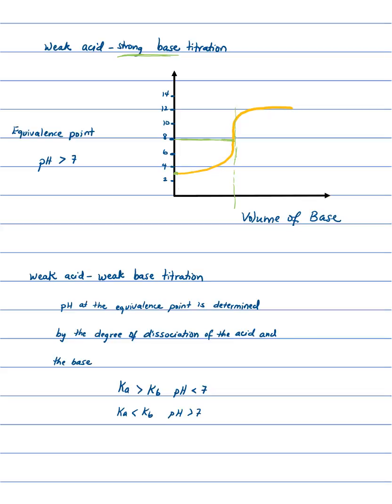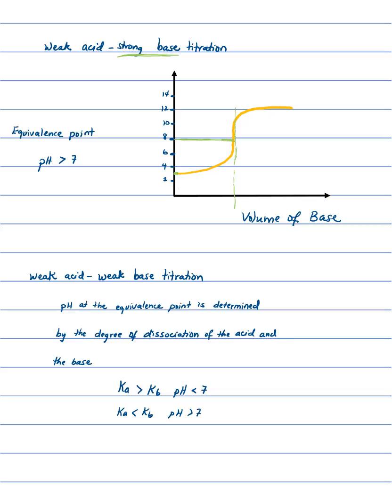Now in this case, for the pH at the equivalence point, remember we're approximating. We're not actually determining a number. I'm determining a number with the graph because I actually added numbers here. But you can always make an estimation: higher than, equal to, or below 7.